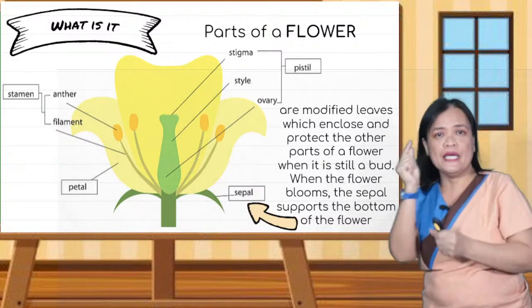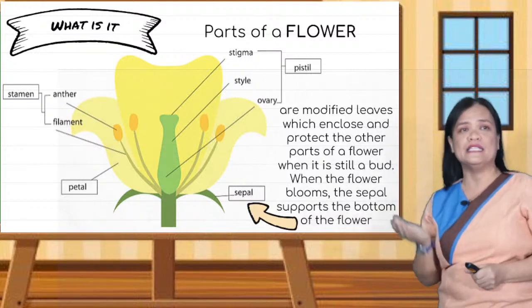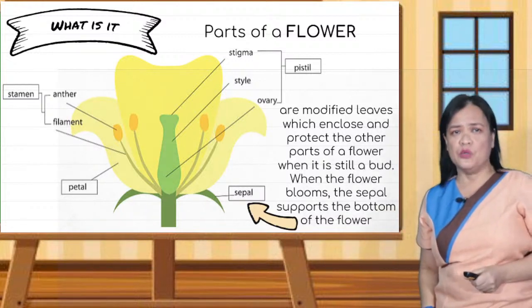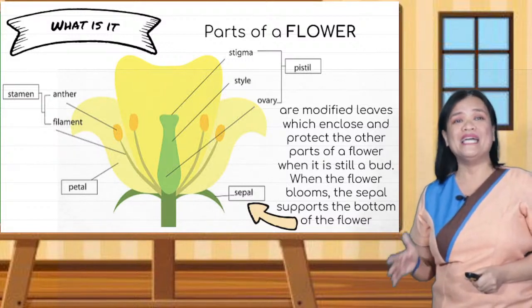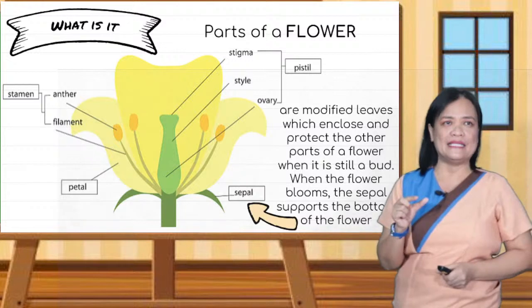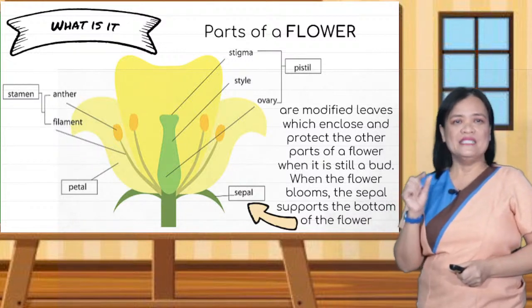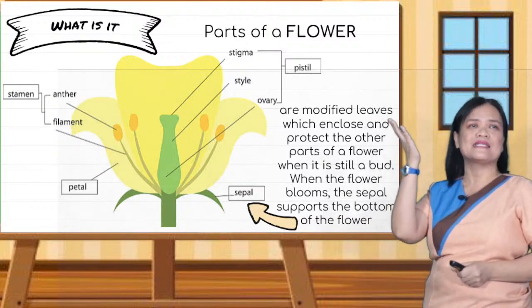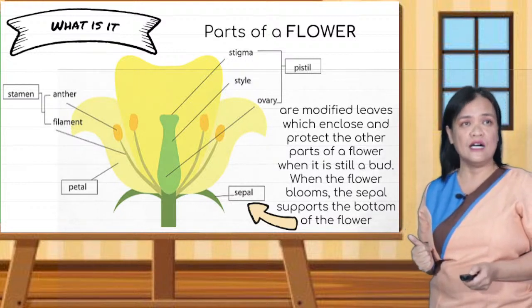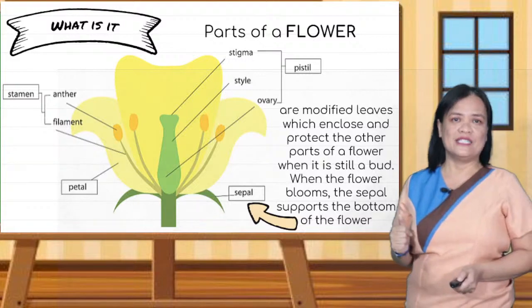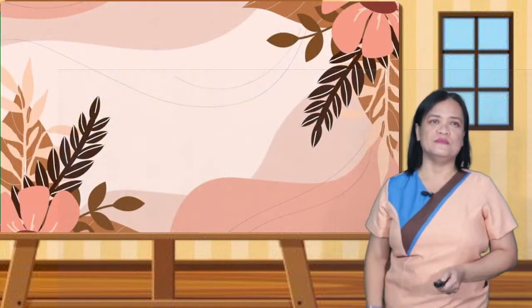And that's the role of the sepal. I repeat, the sepals are modified leaves which enclose and protect the other parts of a flower when it is still a bud. When the flower blooms, the sepal supports the bottom of the flower. So we move on.